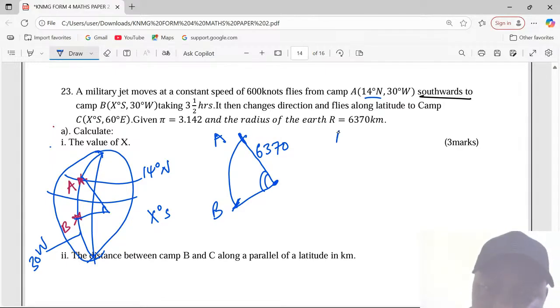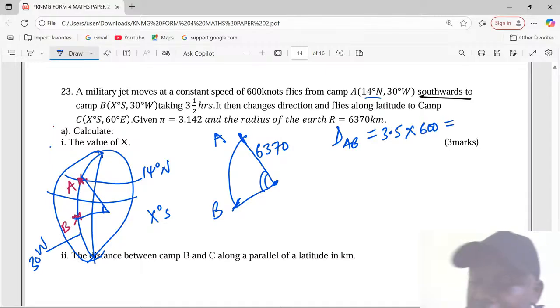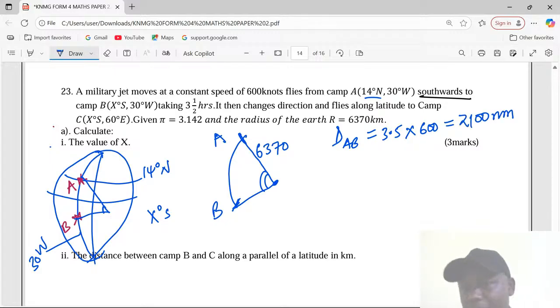to B. The distance from A to B equals 3.5 hours at a speed of 600. And you know the speed is in knots. A wise student is supposed to know that speed times time, 3.5, should give us 2100 nautical miles, not kilometers, nautical miles.